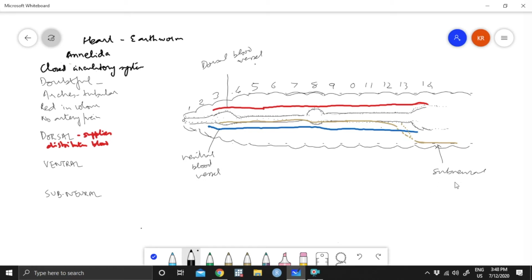So the subneural blood vessel is single after the 14th segment, but before the 14th segment it has actually been joined by two lateral esophageal blood vessels. We are not bothered much about the circulatory system, more bothered about the heart. So let us forget about this part. Let us focus on the hearts. Okay.